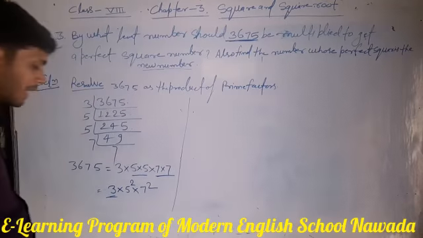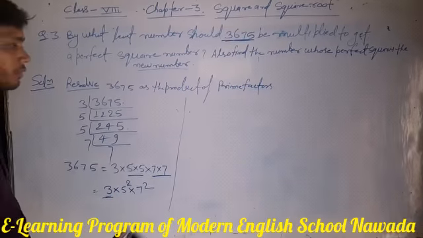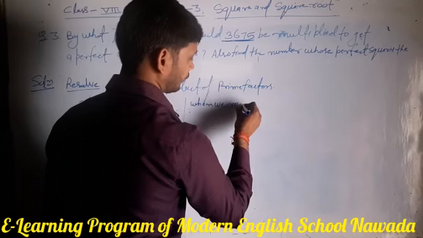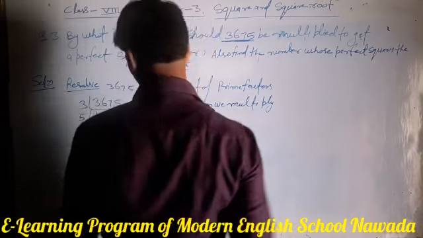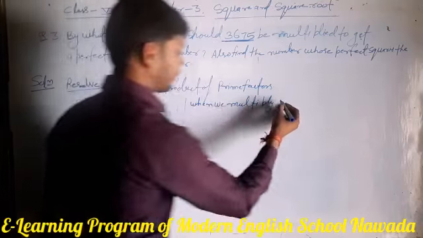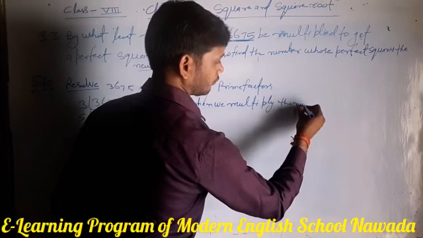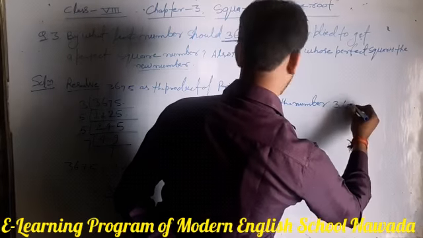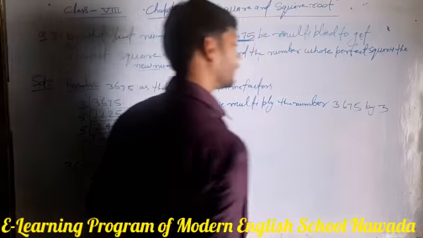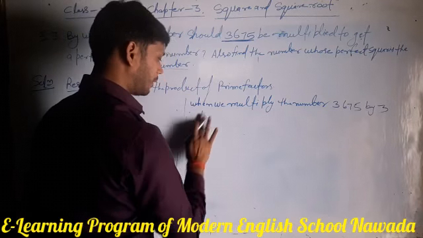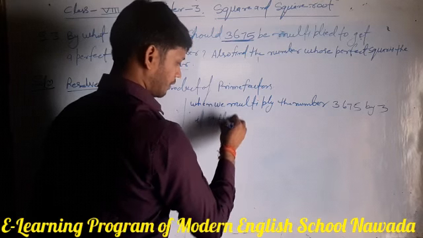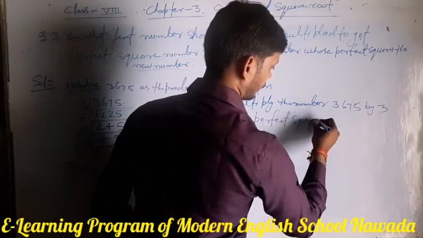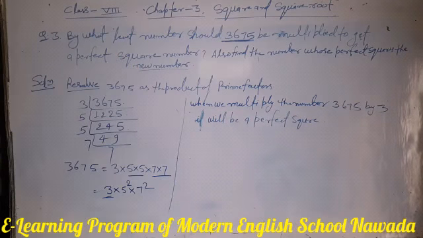So when we multiply this number, 3675, by 3, it will be a perfect square.